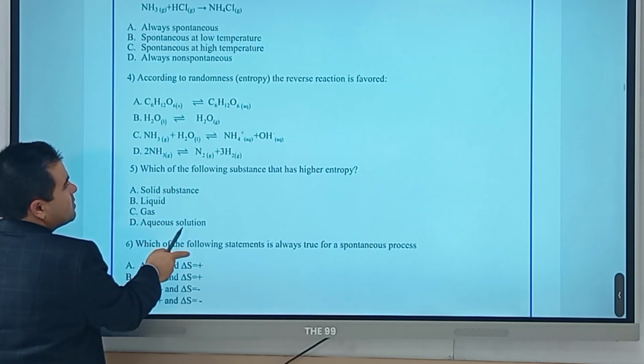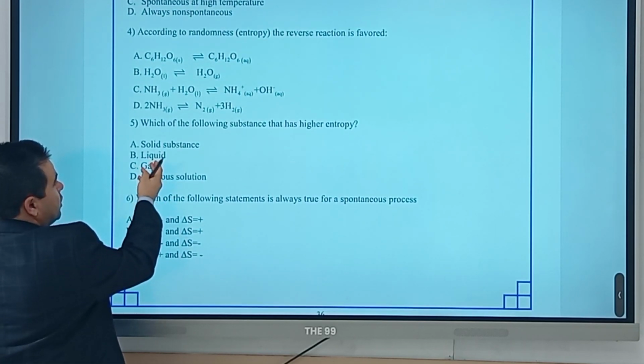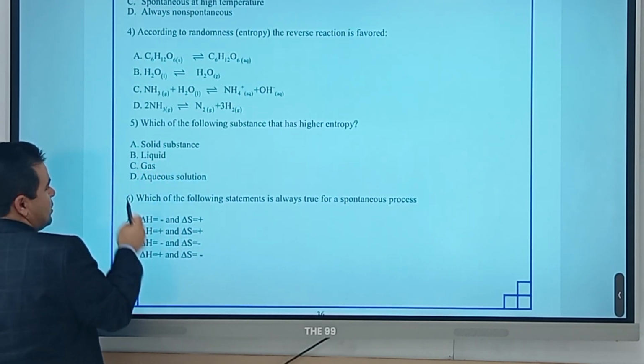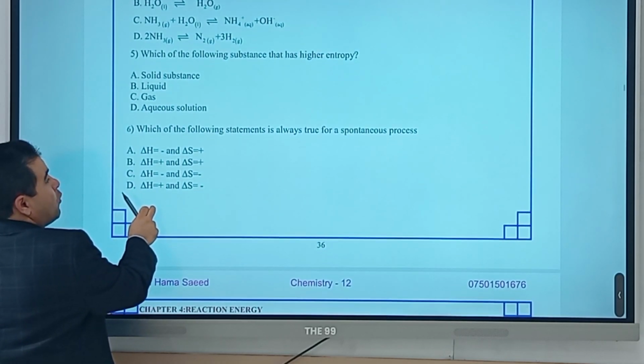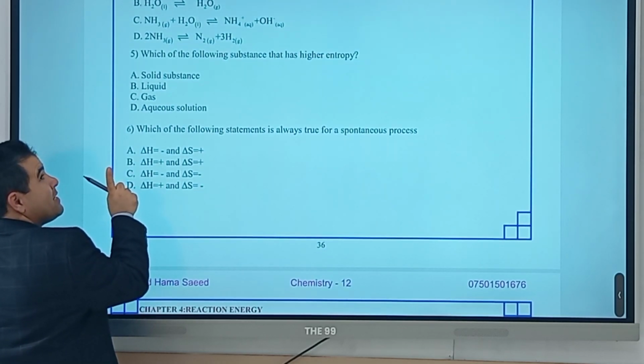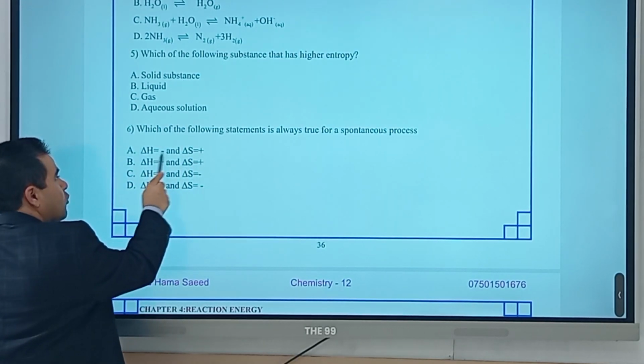Which of the following substances has higher entropy? Solid, liquid, gas: high entropy, gas, of course. Which of the following statements is always true for a spontaneous process? A positive entropy and negative enthalpy is always spontaneous.